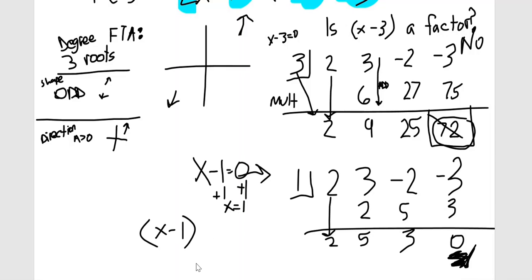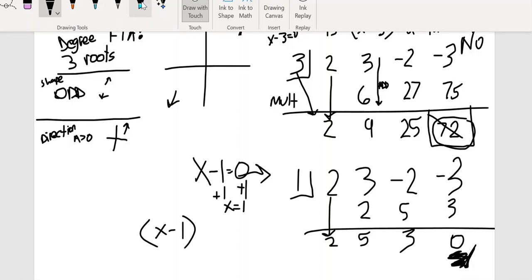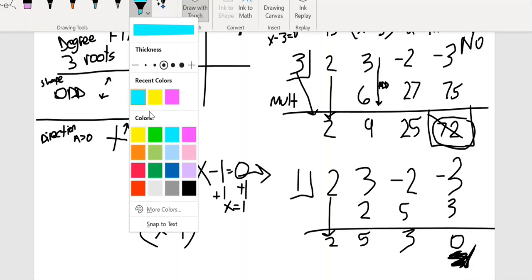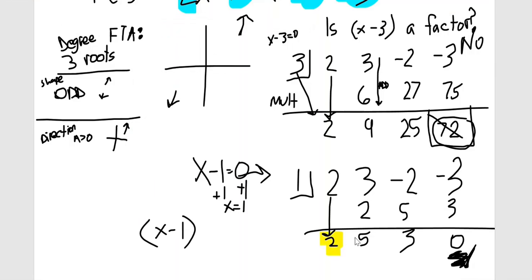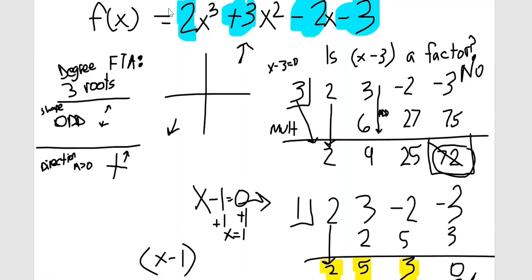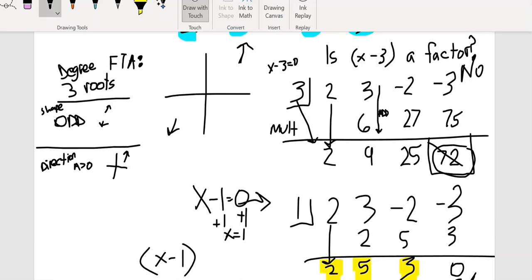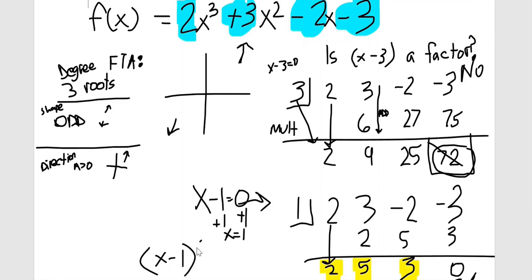a factor. And these coefficients that are left right here, let's go backwards and say, okay, this is what's left. Drop the degree because you factored out one factor of x, so it's not a cubic anymore, it's a quadratic, and use 2, 5, and 3 as the coefficients of x squared, x, and the constant.